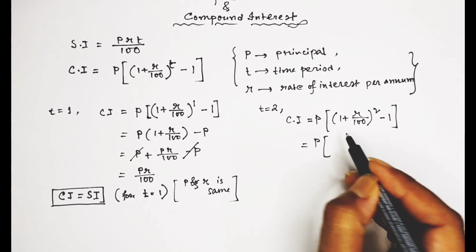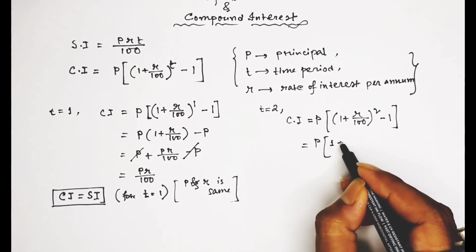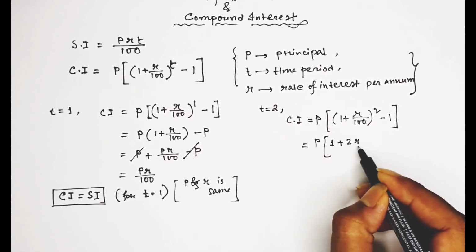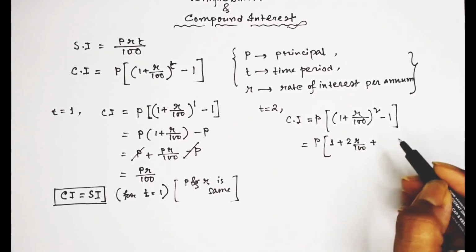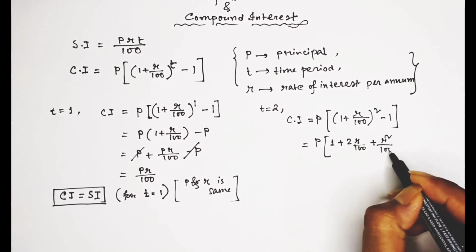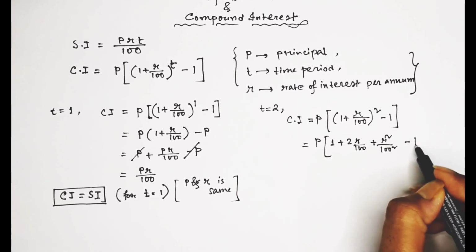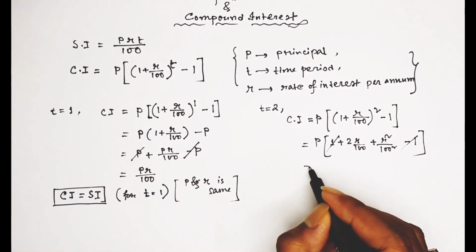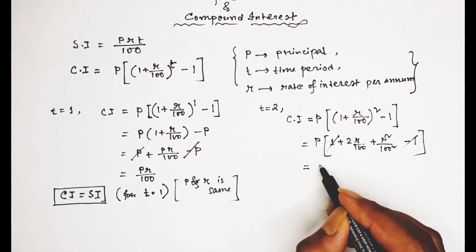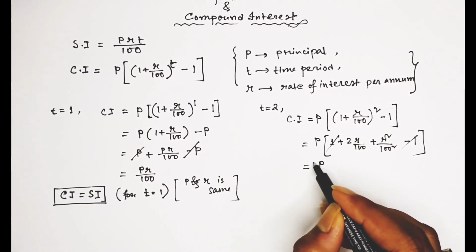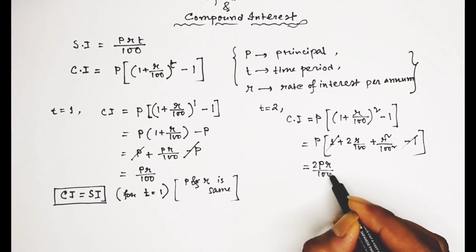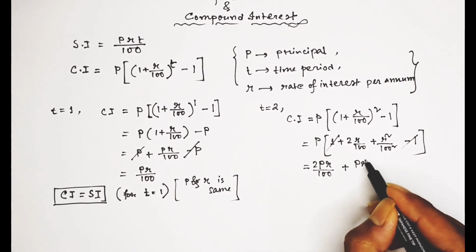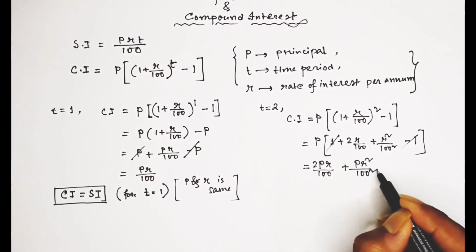Here the formula (A plus B) whole square is A square plus 2AB plus B square, and here minus 1. Plus 1 minus 1 will be cancelled out and we can get the value of CI as 2PR by 100 plus PR square by 100 square.